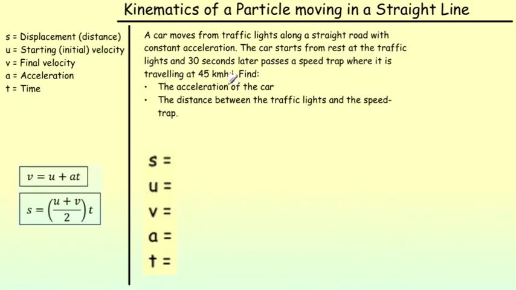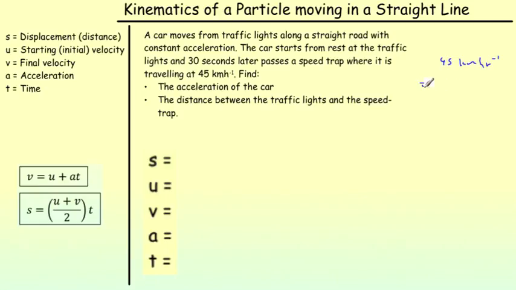So the first thing we're going to have to do is change this final velocity from kilometers per hour into meters per second, because they're the units that we want to use. So that's the first thing we're going to do. Well, 45 kilometers per hour, km h^-1.